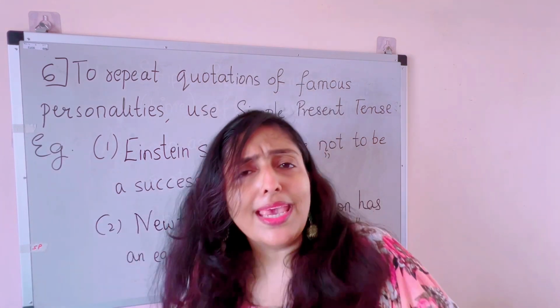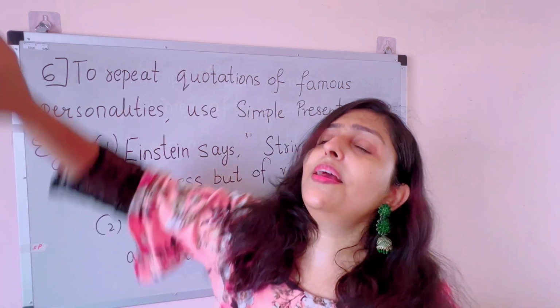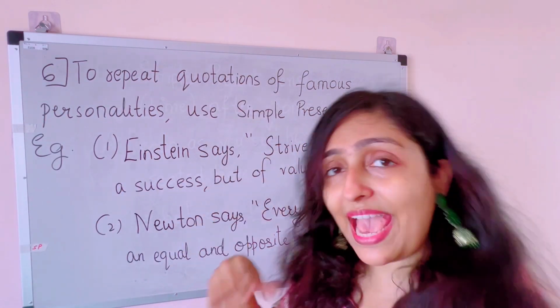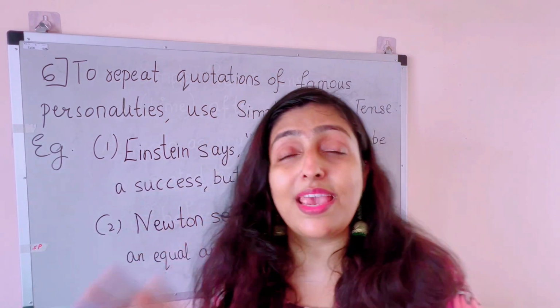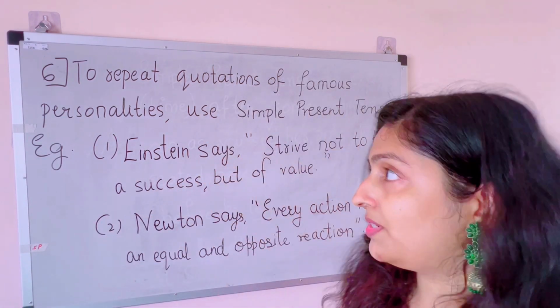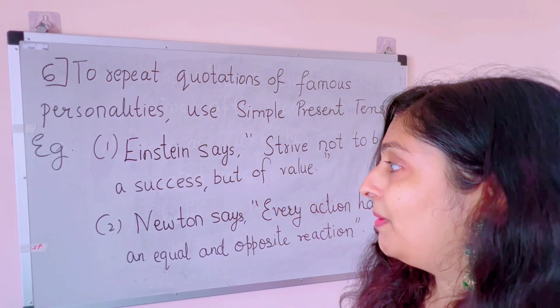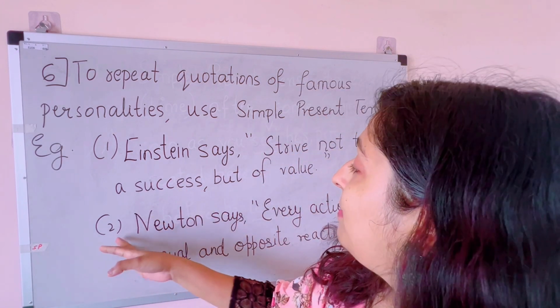And while talking to my friend or my sibling, I say, hey, Einstein says this. So in that case, we can use simple present tense. I don't say that using past tense is incorrect, but we can use simple present tense also. Let's leap on to example 2.